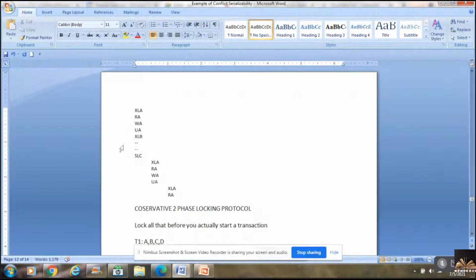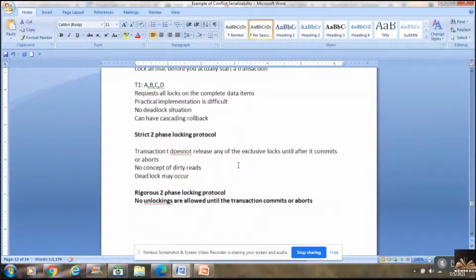Now what I've done here is, I have released the lock on A, which was an exclusive lock. So what does this say? Strict two-phase locking protocol says that transaction T does not release any of the exclusive locks until it commits. So once your transaction commits, then only you can release all the exclusive locks.